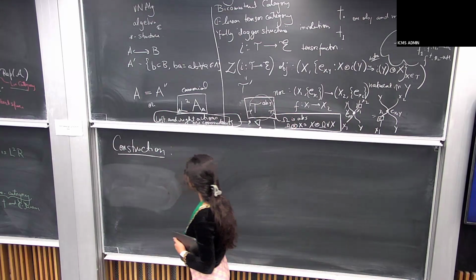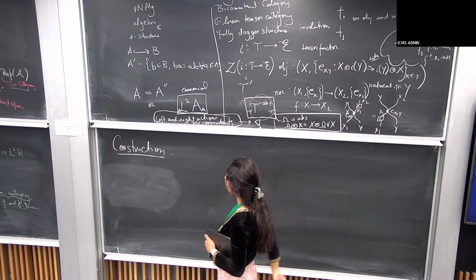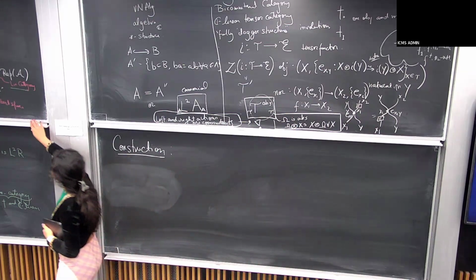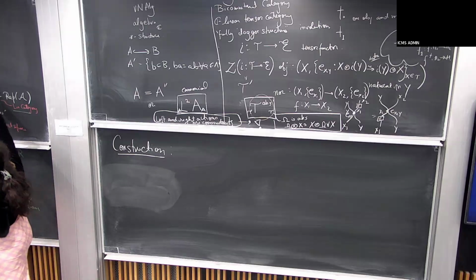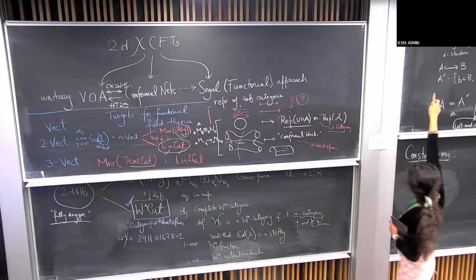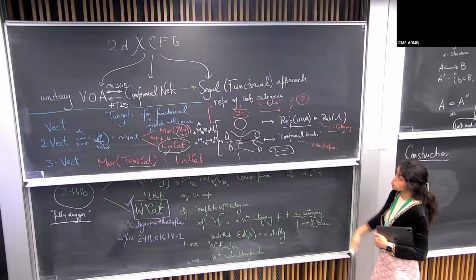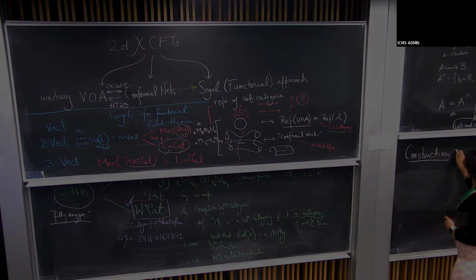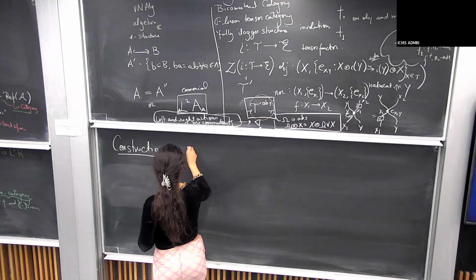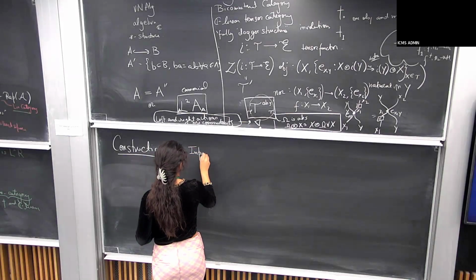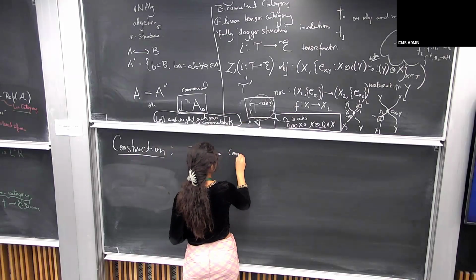What am I supposed to do? I'm supposed to take a conformal net and produce a category which will be a 3-Hilbert space in this sense, and I want to assign it to the point. So the construction: input, a conformal net.